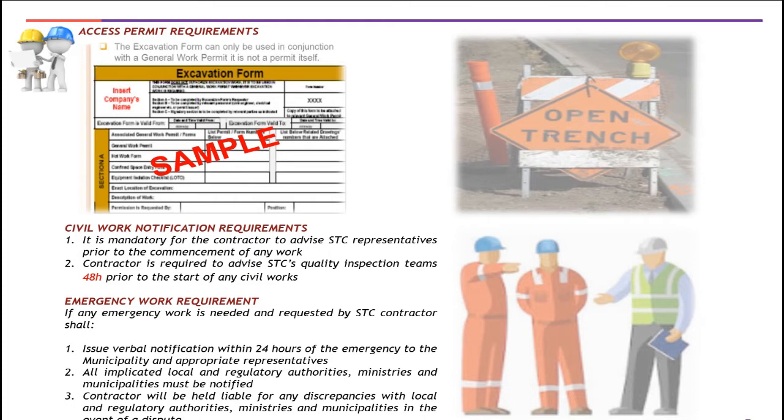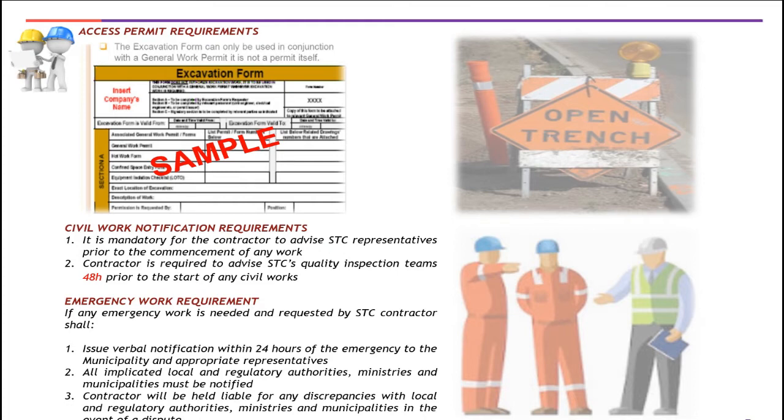Okay, let's move on to emergency work requirements. By the way, what are emergency works? These are works which are unforeseen. Examples: a cable cut by a roadworks contractor, STC infrastructure damaged by fire or road construction, pilferage, and many more.